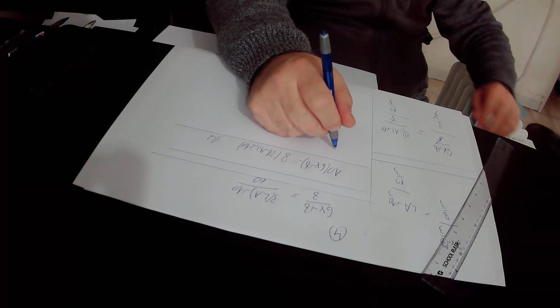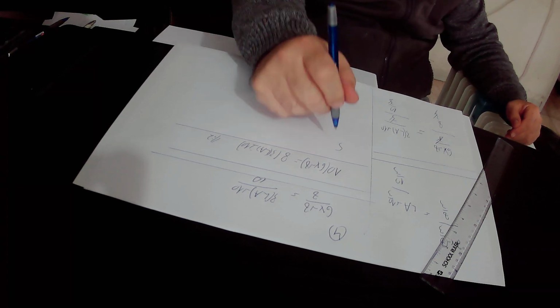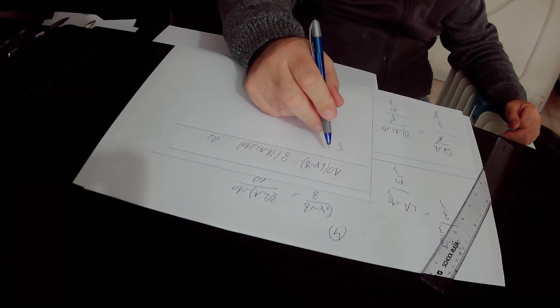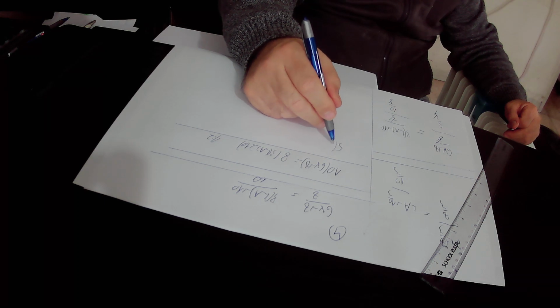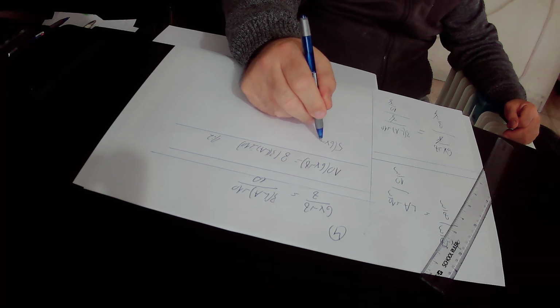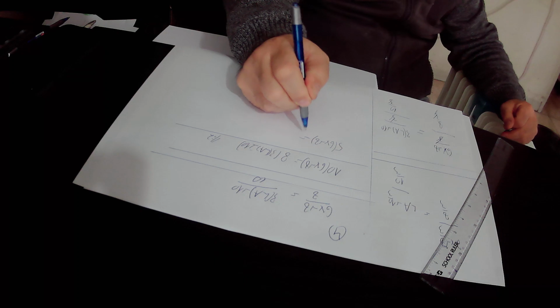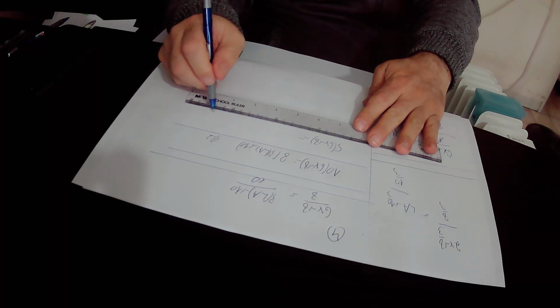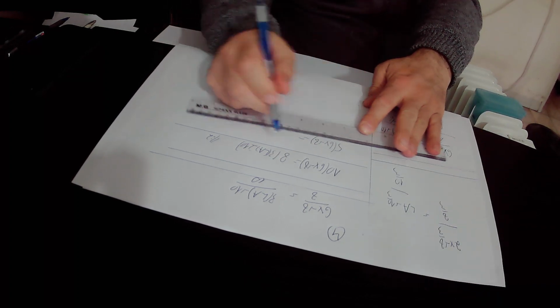10 over 2 is 5. So in total on this side of the equation we have 5, inside the brackets we have 6x plus 8. That equals, here 8 over 2 is 4.